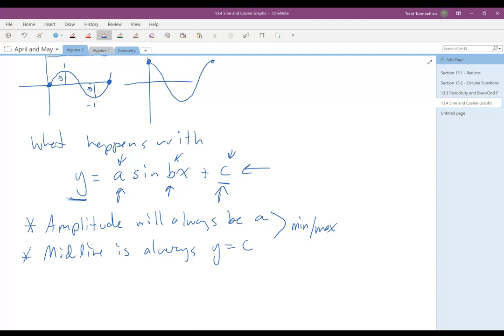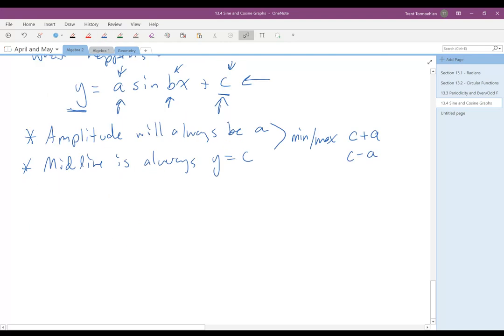And so instead of it going up and up, you go down, up, and down. And so we'll talk about that later. And so our min-max just turns out to be the midline value, which is c, plus a and c minus a, and just always consider a to be positive, even if you get a negative a when you're doing the problem. So c and a are really easy to deal with: amplitude and midline and min-max.